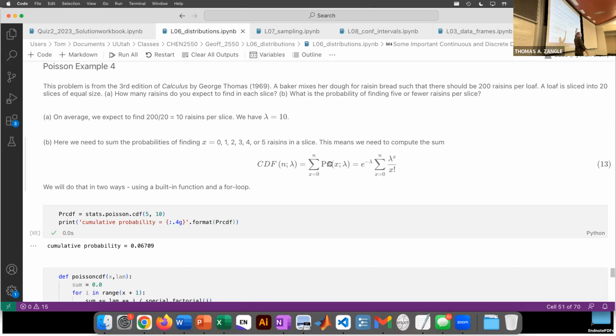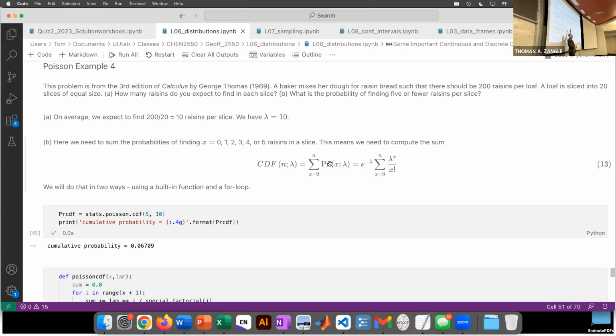Another way of thinking about this is that this is really just a cumulative distribution function. This is the same idea as the cumulative distribution function that we discussed for a continuous probability distribution, where in the continuous realm, we were integrating from minus infinity to any specified value to get the CDF at that value. Here, because we have a discrete probability distribution, we're just going to add up the probabilities.